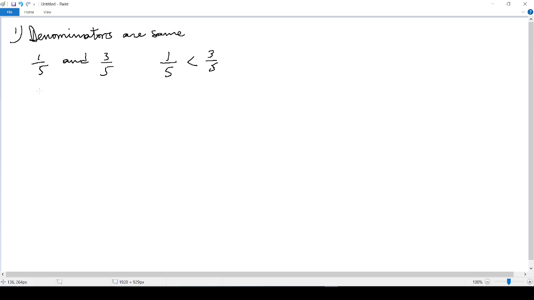If I have 8 over 25 and 6 over 25, I can still compare them because we have the same denominator, 25. 8 is greater than 6, so the first fraction is greater than the second fraction.